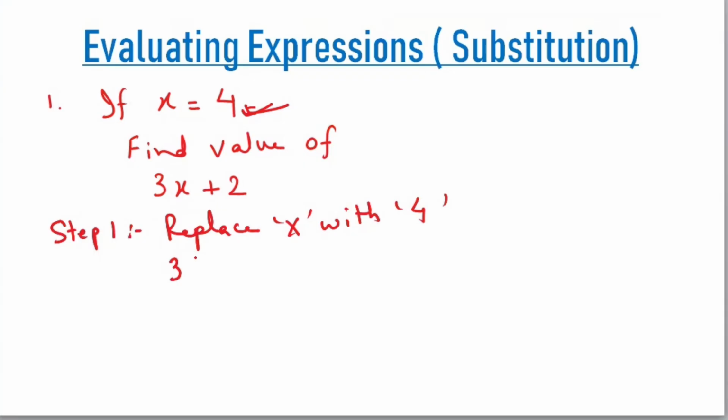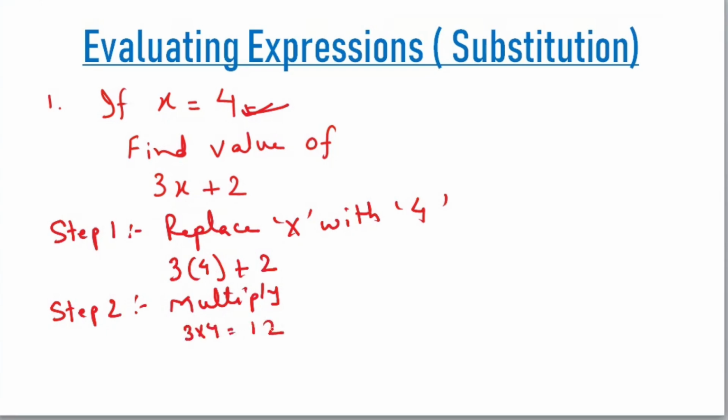Then the expression will be 3 times 4 plus 2. Then step 2 is we have to multiply. You have to multiply 3 times 4, it will become 12. Then the expression will be 12 plus 2.